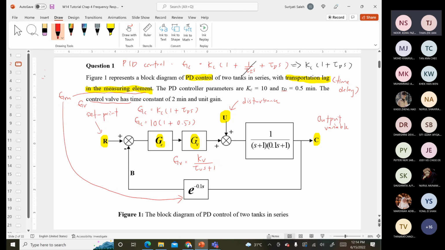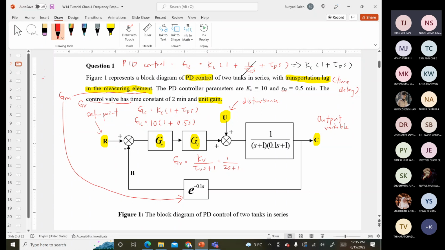For this part, it gives you the unit gain. So that means in this case it is 1, because you don't have any s on the unit, just unit. So the Kv itself will be equal to 1, and tau V, the time constant for the valve, is 2. So 1 over 2s plus 1. So this is the transfer function for the control valve.